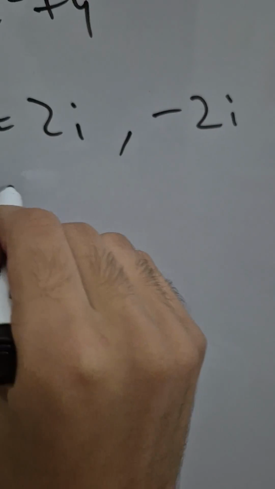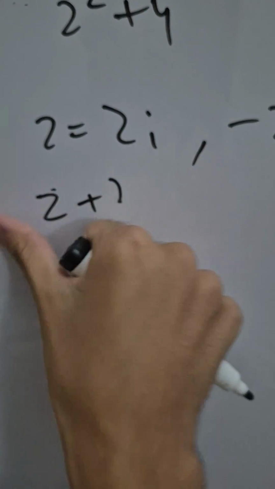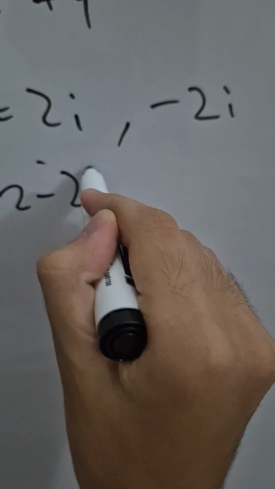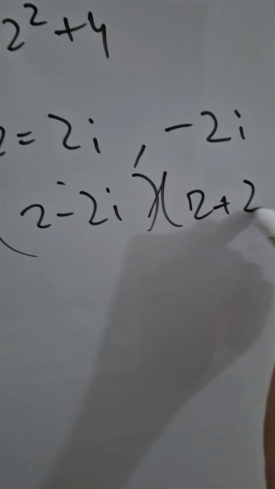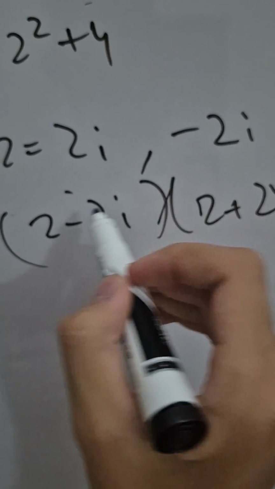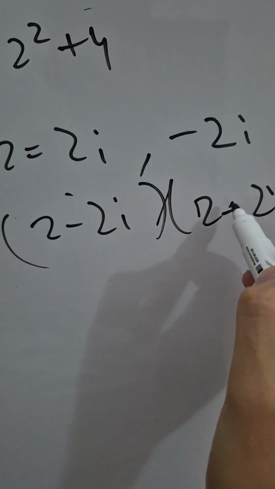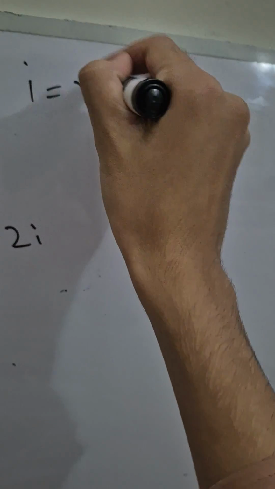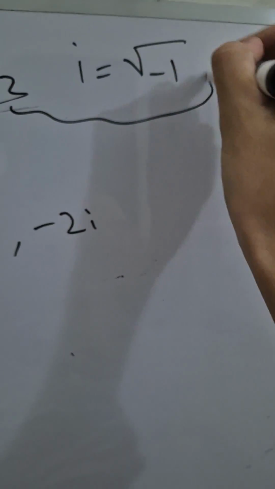Am I correct? I mean, it looks correct to me, right? Obviously, you should know that i is the square root of -1.